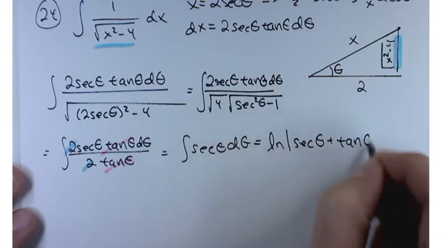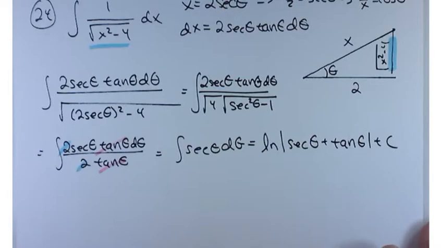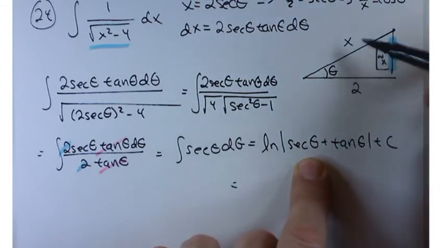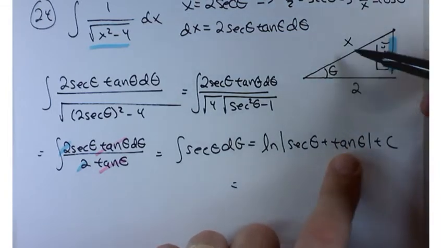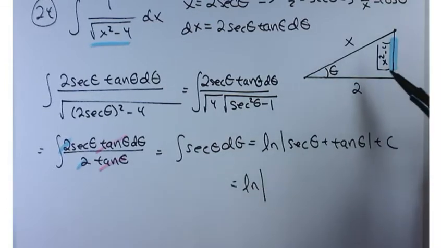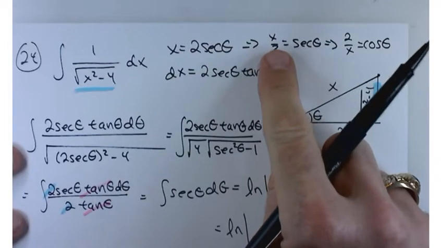So that's x over 2, plus tangent of theta, which is opposite over adjacent, so the square root of x squared minus 4, over 2. Nice. And that's it. That was relatively easy.